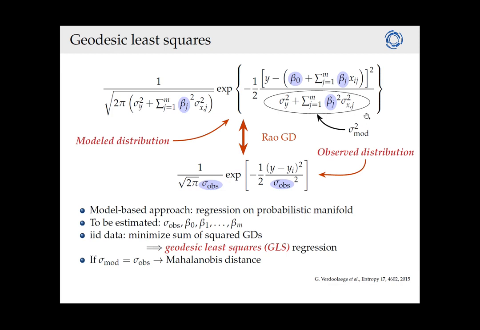Another important point to notice is the variance in the denominator here, which has been derived either using Gaussian error propagation or by marginalizing the true but unknown values of the predictor variables x.